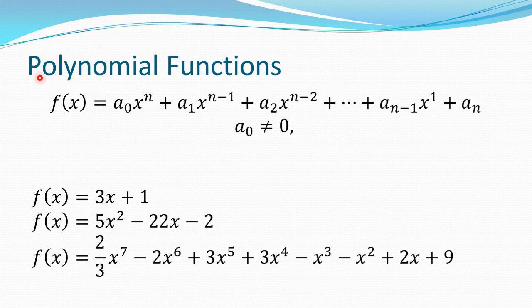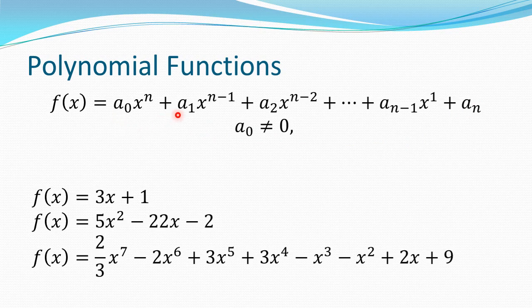And talking about functions, we usually encounter polynomial functions. Polynomial functions are all represented by this equation right here: f of x equals a sub 0 x to the n plus a sub 1 x to the n minus 1, and so on, until plus a sub n. It looks complex, but it can be easy to understand.